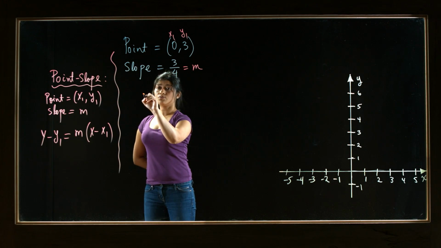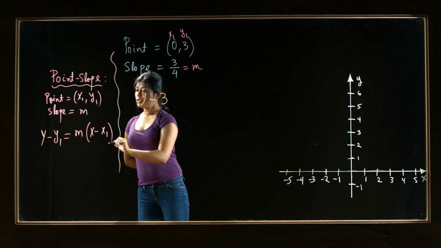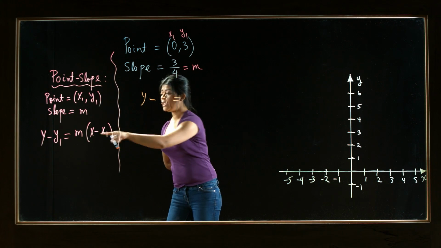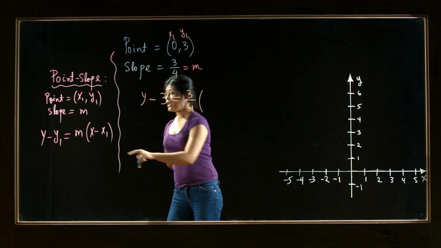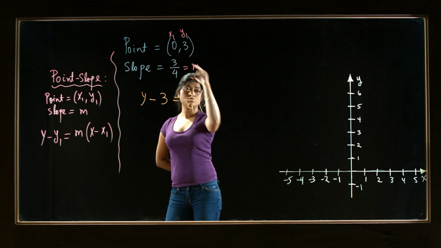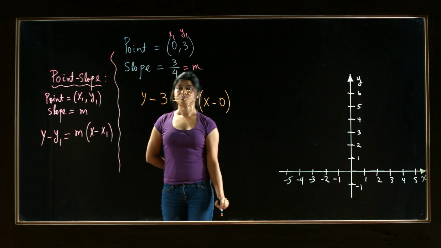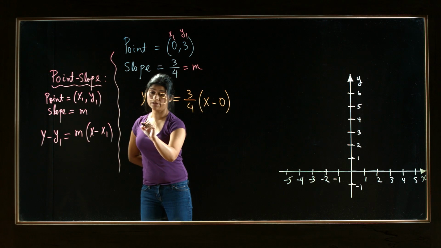Therefore, the equation is y minus y1, which is 3, is equal to m, which is 3/4, times (x minus x1), so x minus 0. Let's simplify just a little bit to make it look nice.